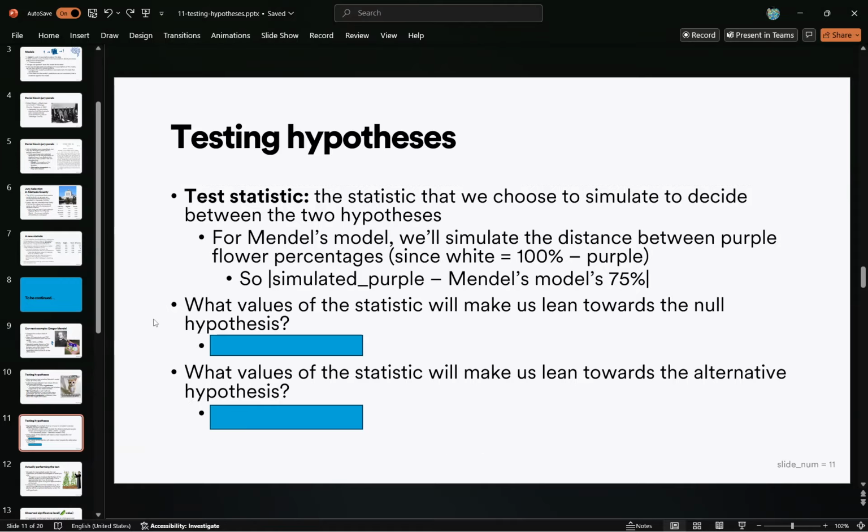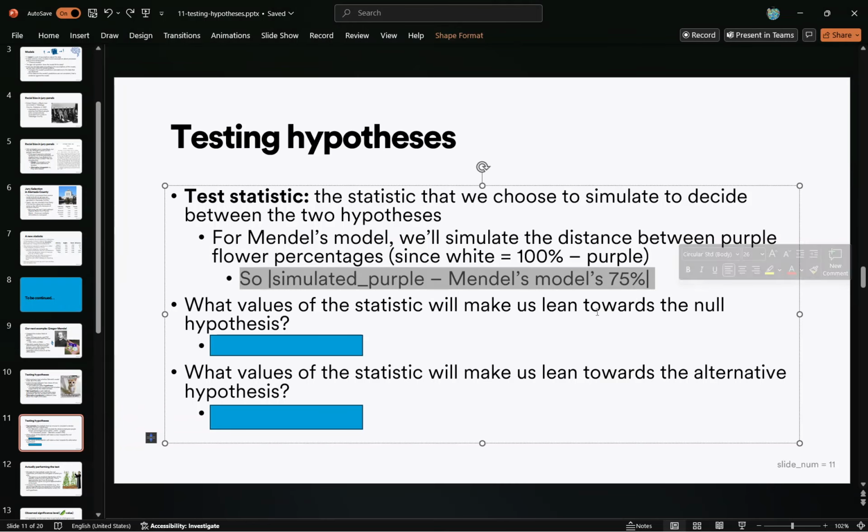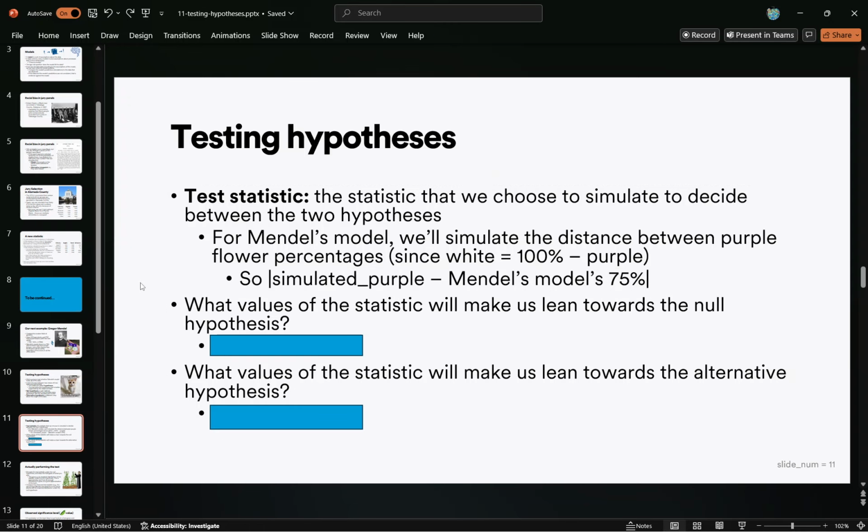So if that's the number we're calculating, we're always trying to see how close it was to Mendel's model, the 75%. Let's pick our null hypothesis and alternative hypothesis. So the null hypothesis in this case is it's really exactly 75% split for purple flowers. 75% purple.